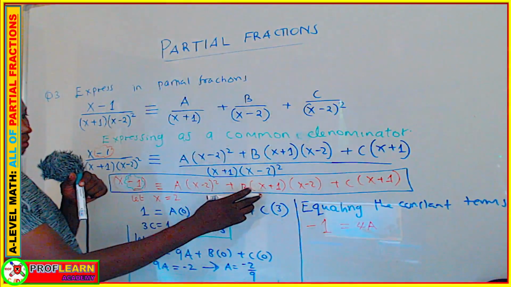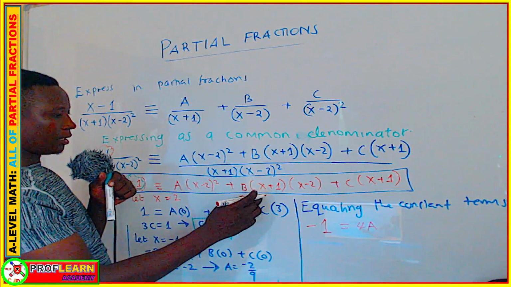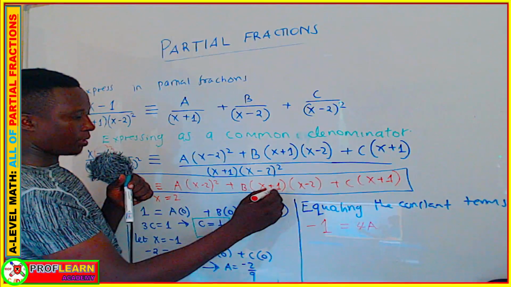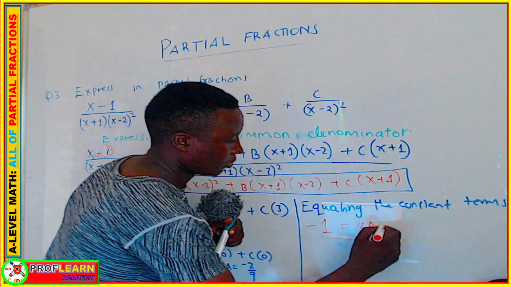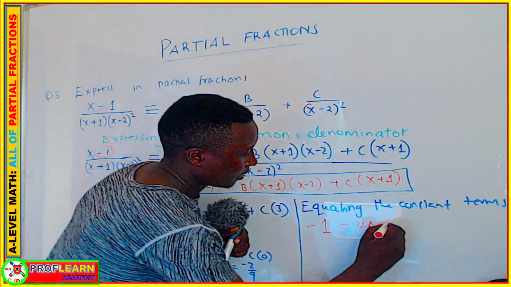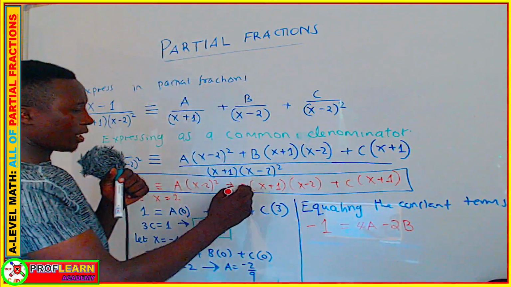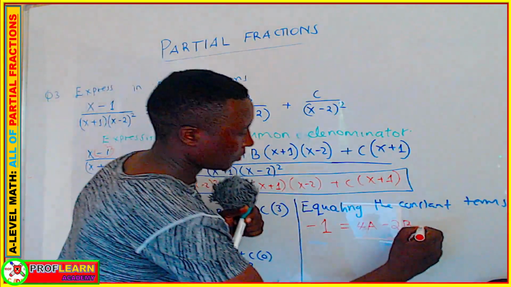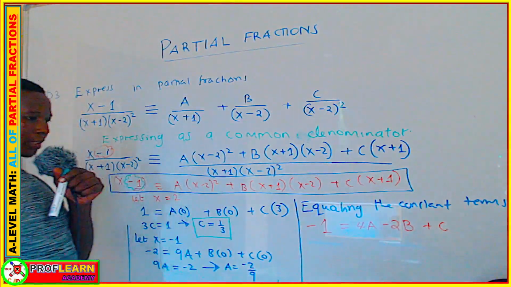And then the constant term is going to be 1 times negative 2, that is negative 2, times b, to be negative 2b. And the last part is going to be plus c, because c times 1 will also be a constant term.